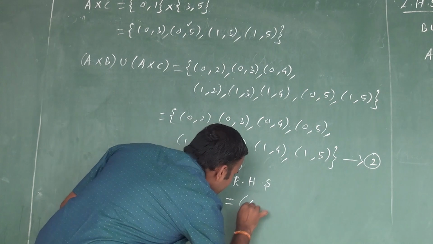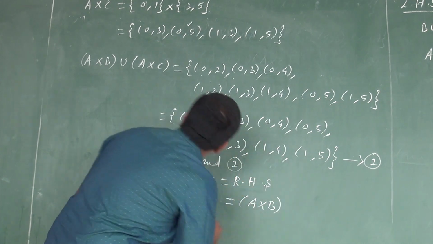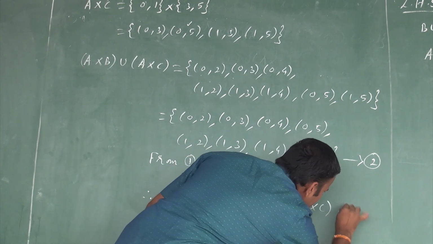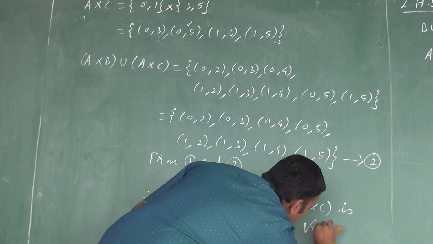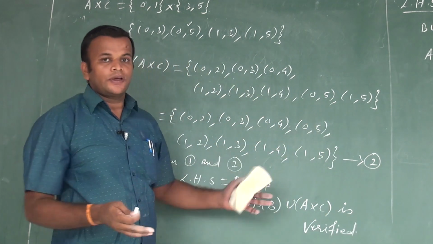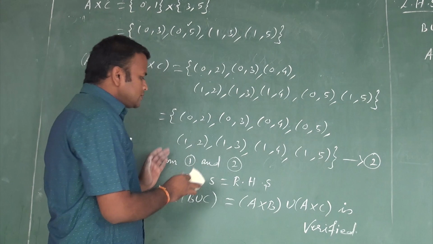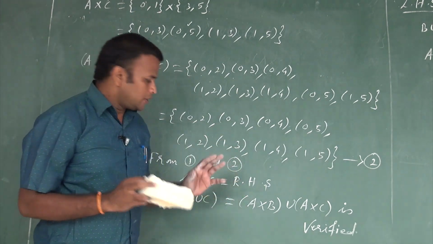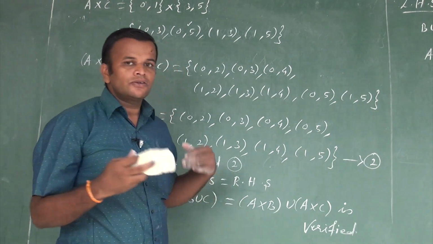A cross B union A cross C, which is verified. The question is to verify. Here LHS and RHS both have the same ordered pairs. Therefore, the given statement is verified.